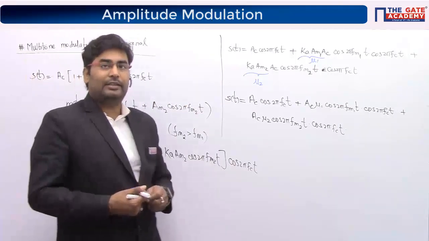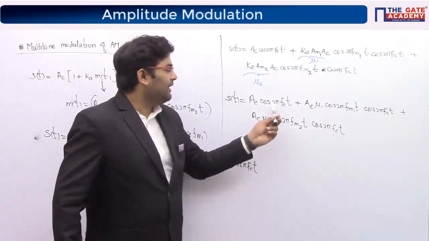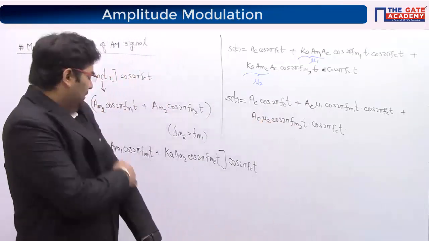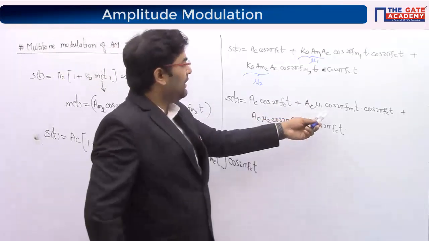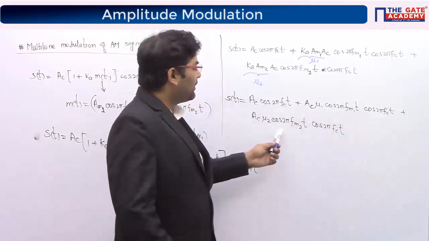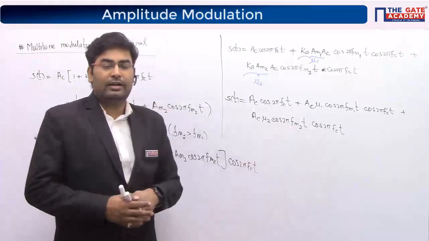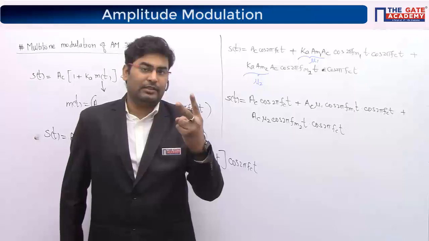Now looking at this, you know how the spectrum would look like. We are seeing the first signal as a carrier signal. Second signal is carrier with message, like the product of these two. And third is similarly the same, message 2 into the carrier. So you know that one cos will give you two impulses.